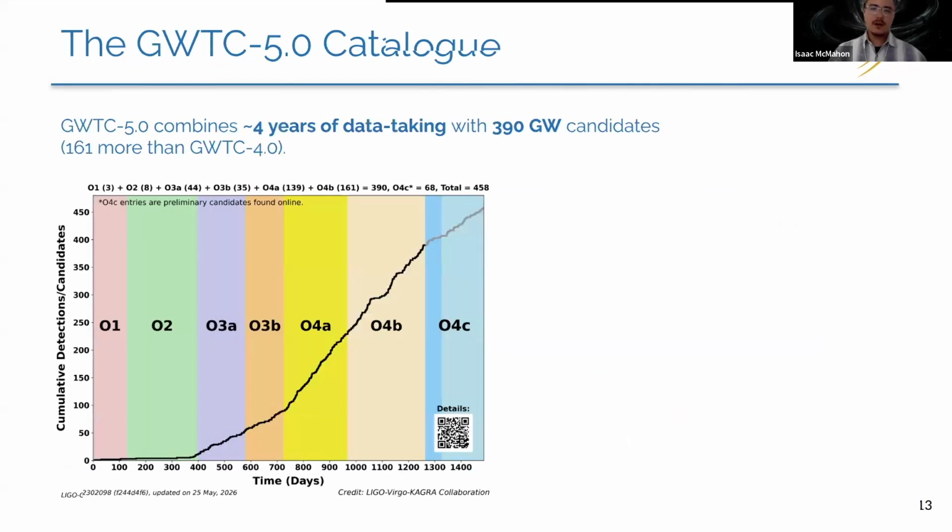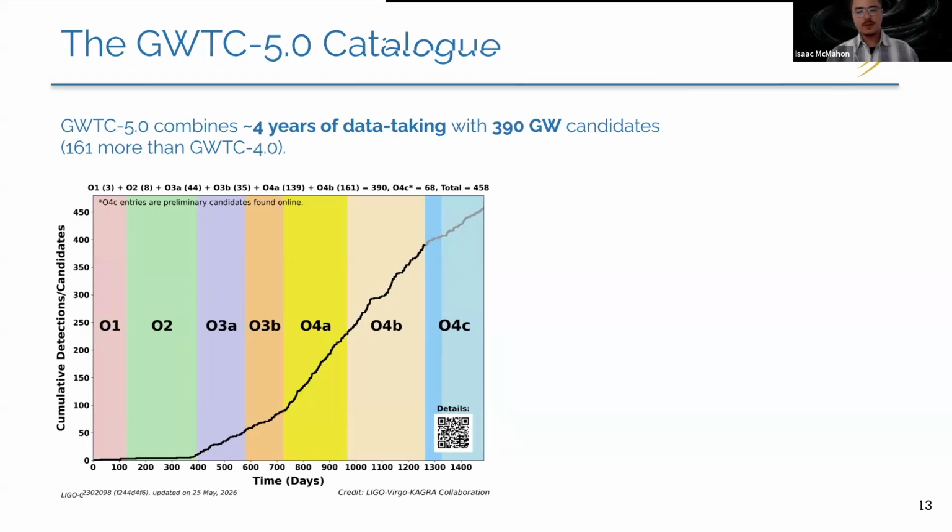Now, let me talk a bit about the data that is input into our analysis. We're using the GWTC-5 catalog. This combines about 4 years of data taking with 390 gravitational wave candidates, which is 161 more than the previous data release, GWTC-4.0.